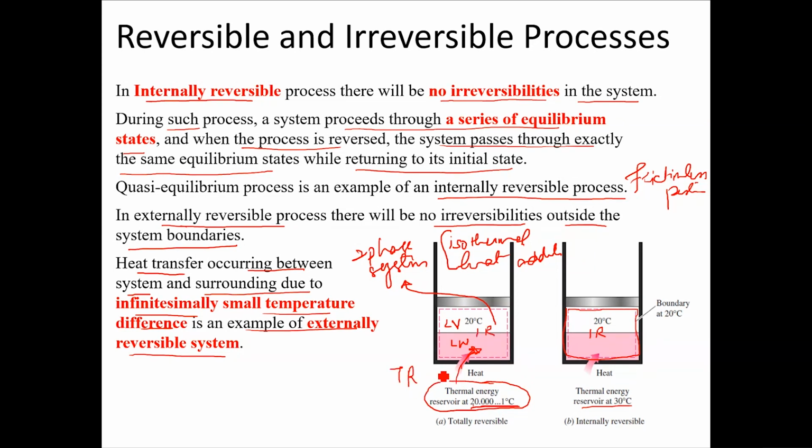That means it is internally and externally reversible. But when I consider heat transfer from a reservoir at a finite temperature difference from the system, this is essentially an internally reversible process but not an externally reversible process. The reason being, heat transfer through a finite temperature difference between the system and the surroundings makes it an externally irreversible process. Is this point clear to you?